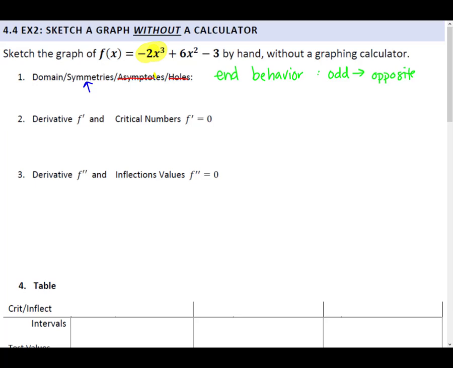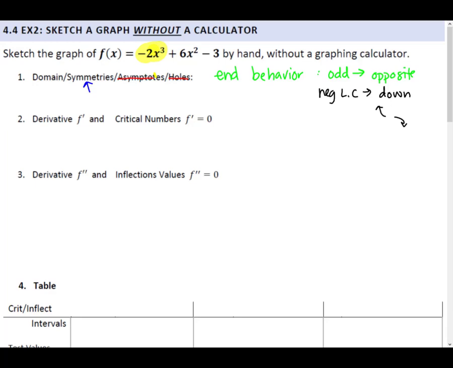And because it has a negative leading coefficient, we know it is going down, not Dawn, going down. So it's falling from left to right.